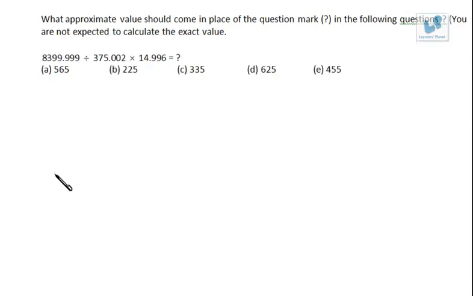Further, even in this question, answers are quite far from each other, so we can approximate it. 8399, I'm just making it 8400. This 14.996, I'm making it 15. Both the numbers which are being multiplied, I have approximated to the higher side. So we are moving on the upper side of the actual answer.